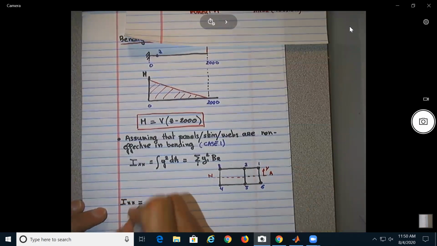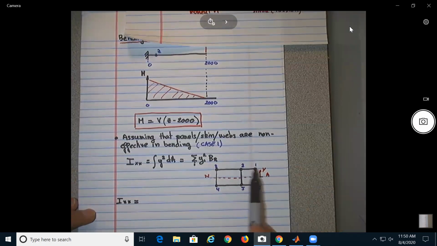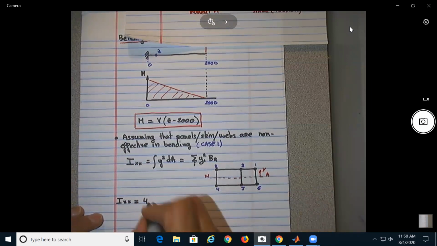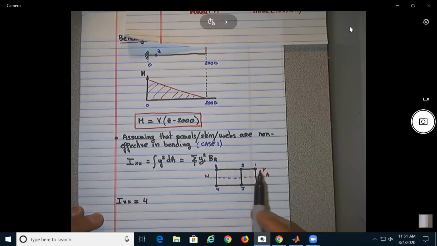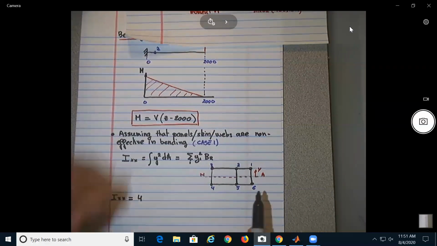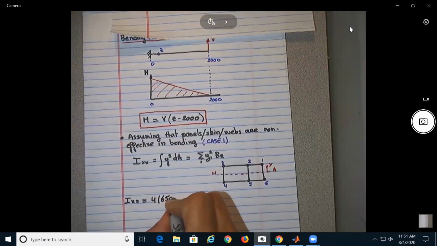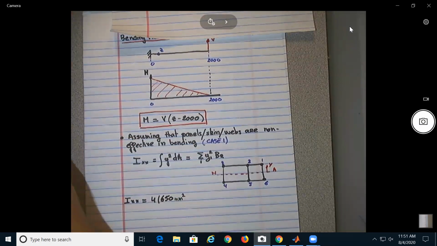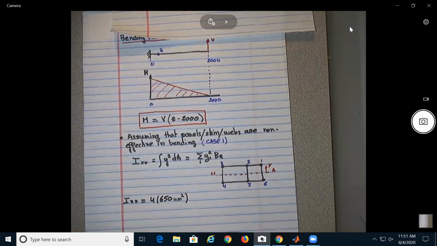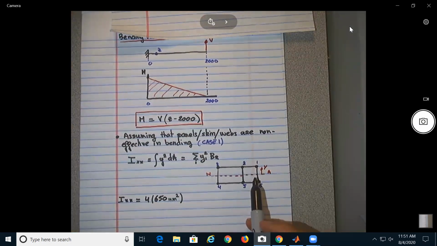But we will have what? Ixx. So we know that 1, 3, 4, and 6 are equal. Okay. So we can do 4 times, for 1, 3, 4, and 6. What would be B1, B3, B4, B6? They are 650 millimeter square, times y, which is the distance to the natural axis.